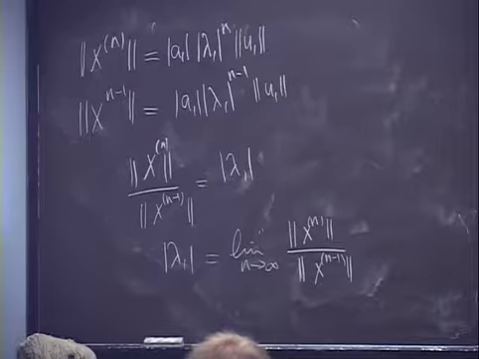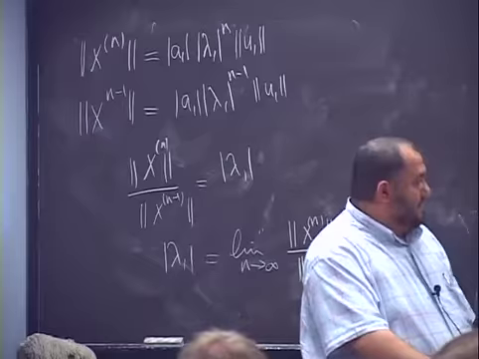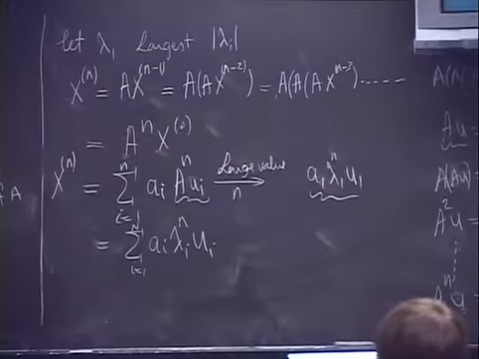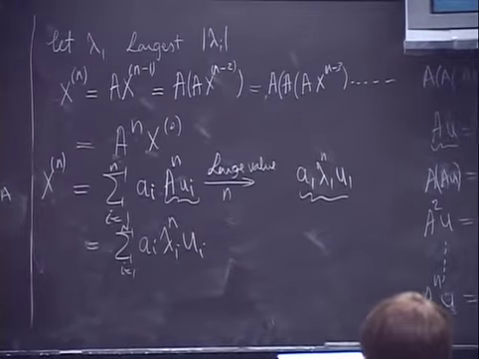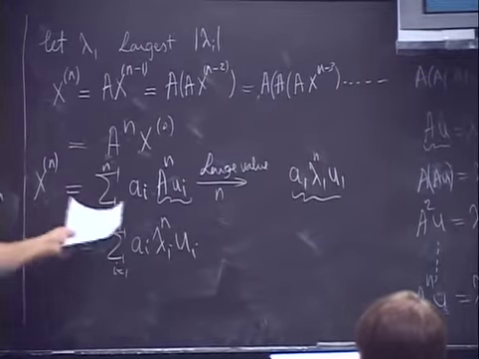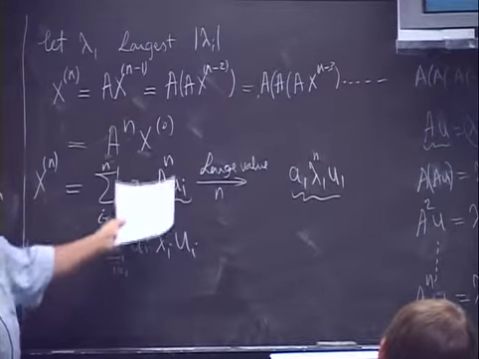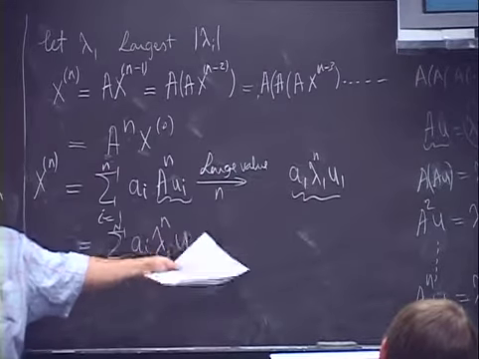Let's show an example here. Yes. In that place, it should be a large value of n. I said for a large value of n. When you expand the summation here, it will be a1 lambda 1 u1, then a2 lambda 2 u2, then a3 lambda 3 u3, and so on.